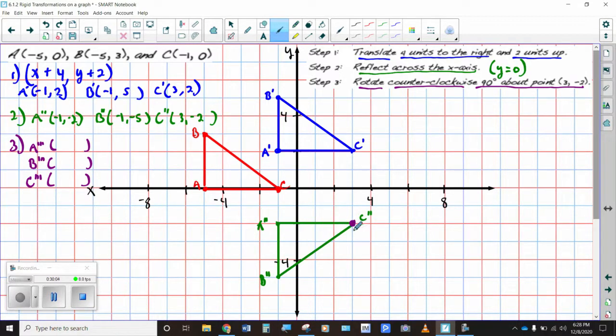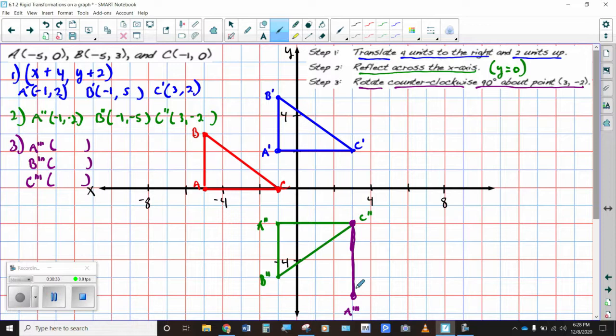So I believe it's got to go down to here, right? And how long is this line? This one is 1, 2, 3, 4 units. So after rotating it 90 degrees, that's a 90-degree angle. It's got to be the same length as before because it's a rigid transformation. So I believe this guy is going to go right down to here, and this would be the third image of A.